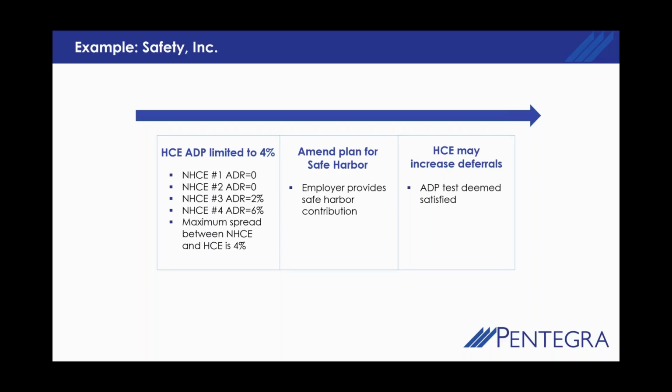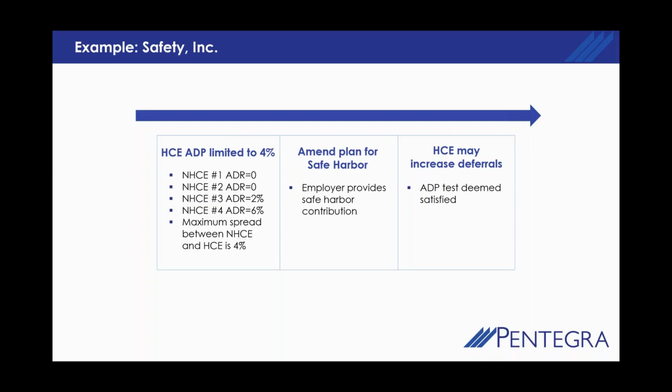So if they didn't do that, if the plan is not a safe harbor, we have to pass this ADP test, the actual deferral percentage test. And what that test says is that the amount that the highly compensated can defer is controlled by what the rank and file employees defer. In our example here, we have 4 non-highly compensated employees. 2 of them are not deferring at all. 1 is doing 2% and 1 is doing 6%.